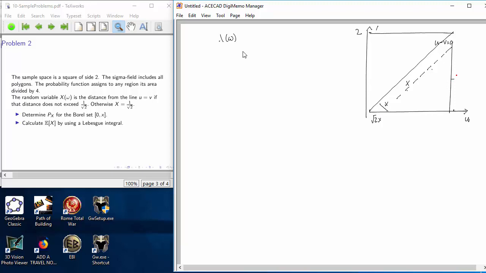The extra rule is that the value of x cannot exceed 1 over the square root of 2. So down in this triangle, x has the constant value 1 over root 2. And similarly, up in this triangle, x has the value 1 over root 2.